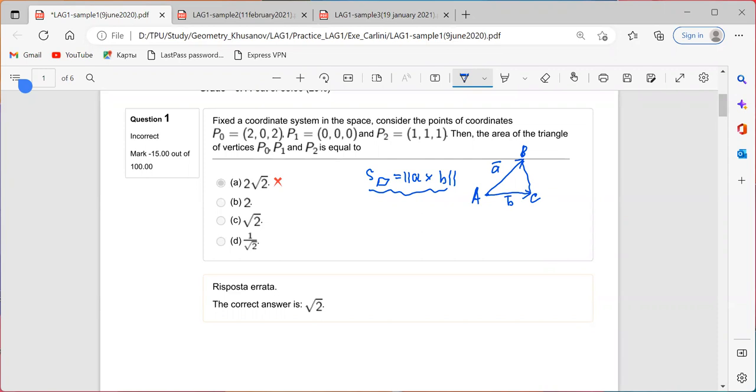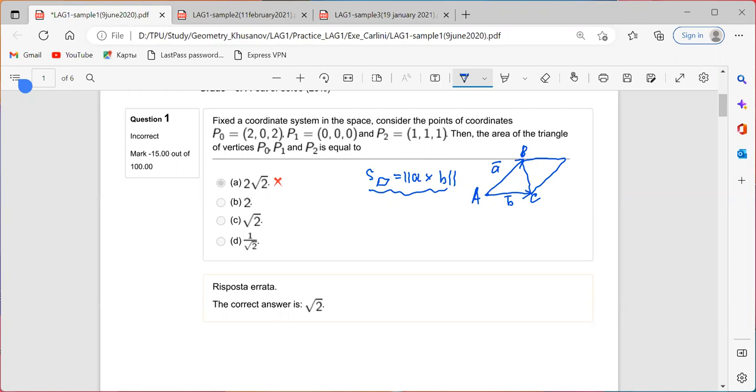Okay, so from this formula, we see that we can consider the cross product of A and B, and this cross product will be the area of the parallelogram constructed using these points A, B, C. So the area of this parallelogram will be the magnitude of the cross product, and our requested area of the triangle will be half of this area of the parallelogram.